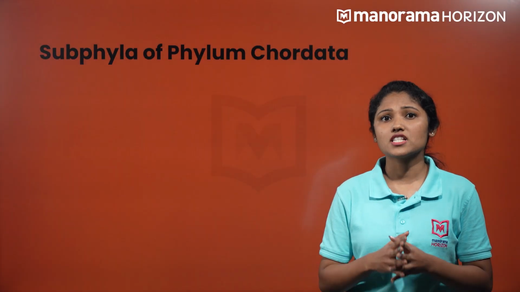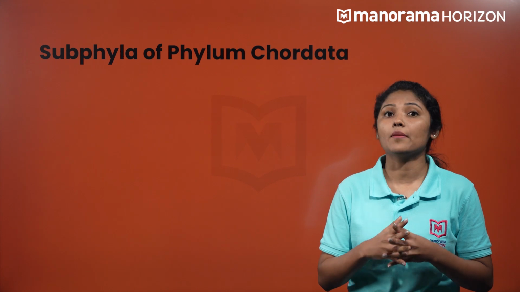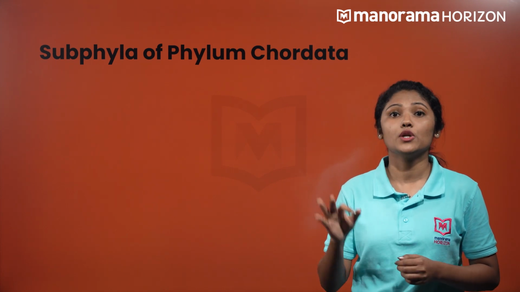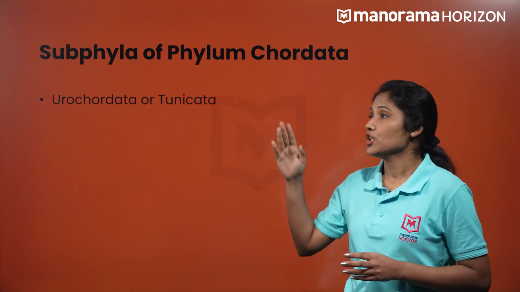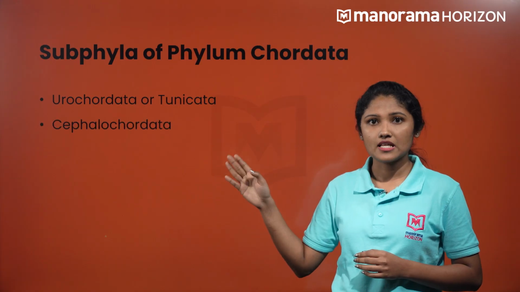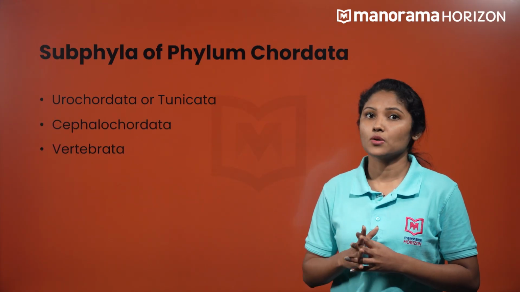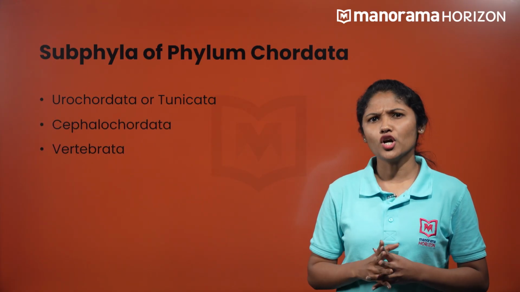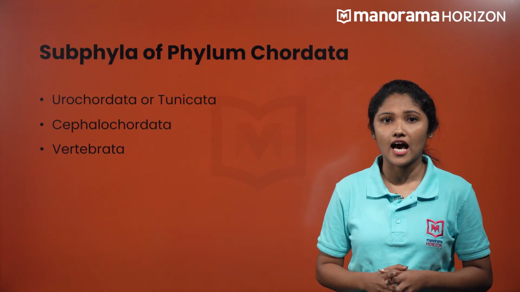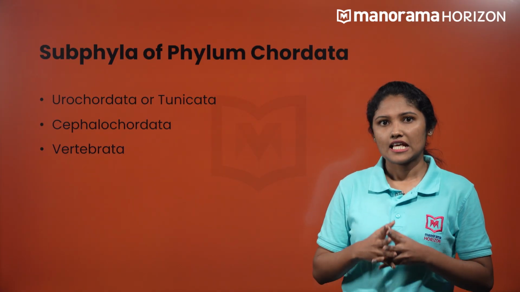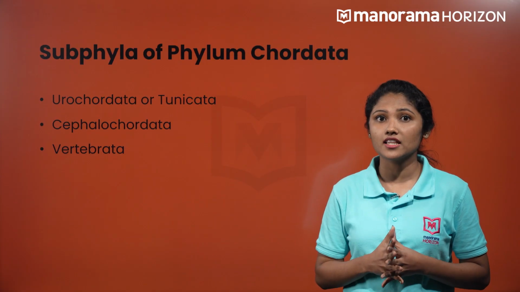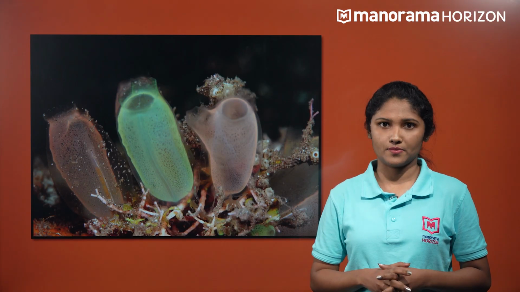No. Based on some features, phylum Chordata is divided into 3 subphyla: Urochordata or Tunicata, Cephalochordata and Vertebrata. Urochordates and cephalochordates are exclusively marine. These 2 subphyla are together called protochordates.